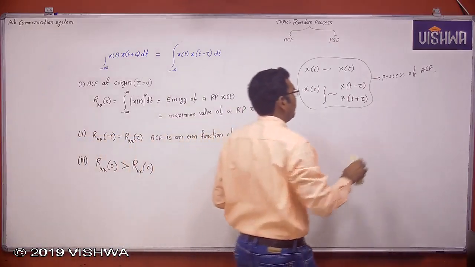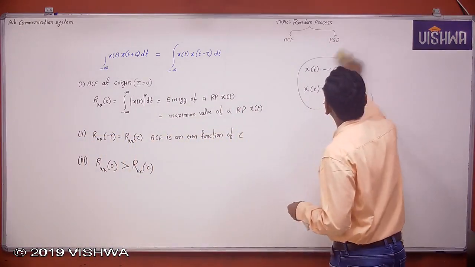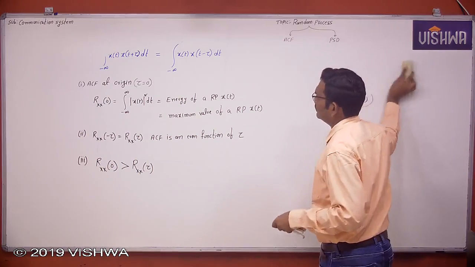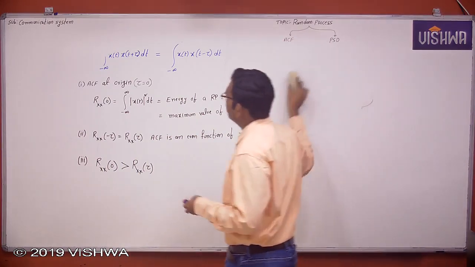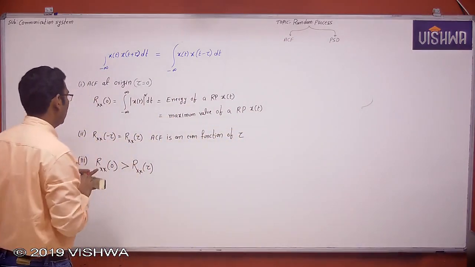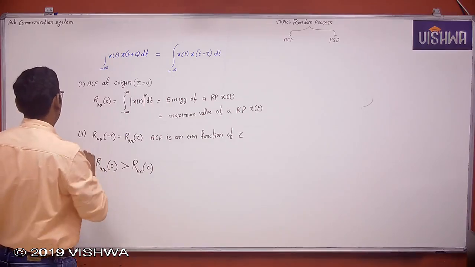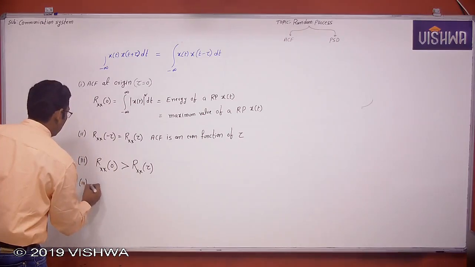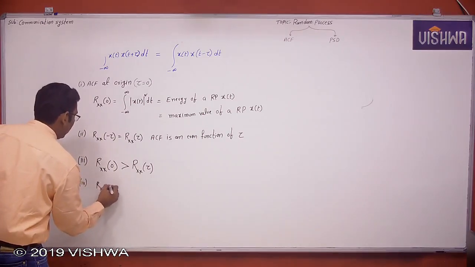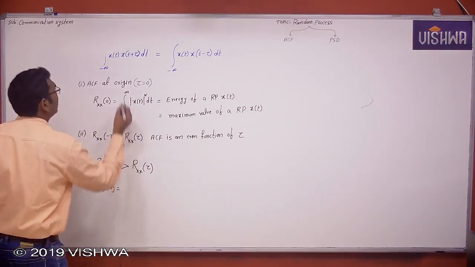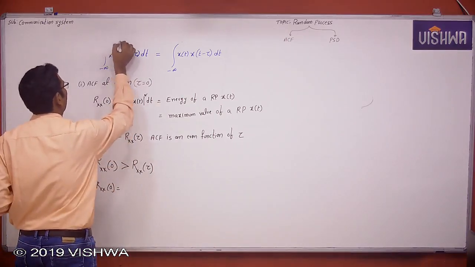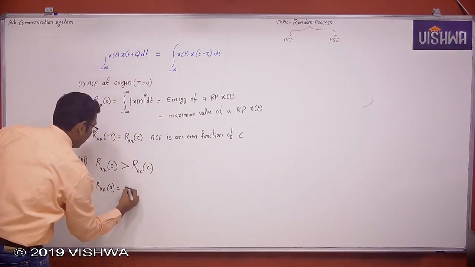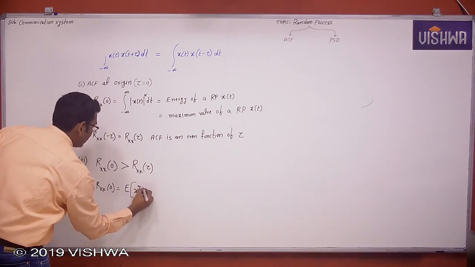Here you can have one more relation. Autocorrelation function at origin is nothing but the expectation of x square of t.